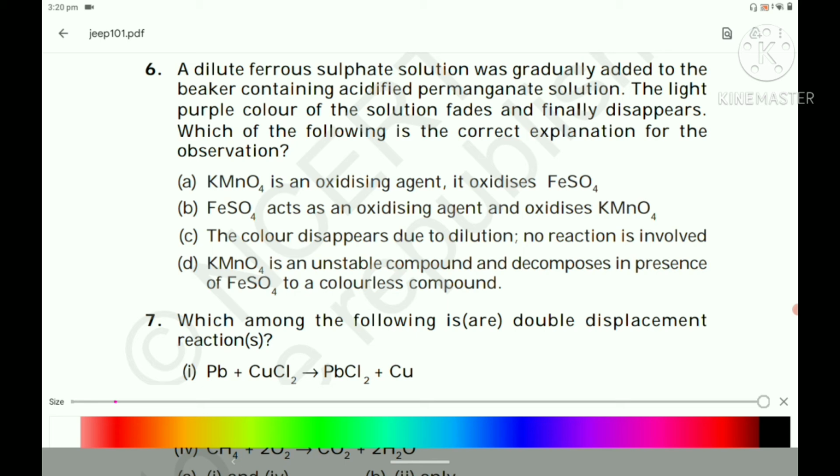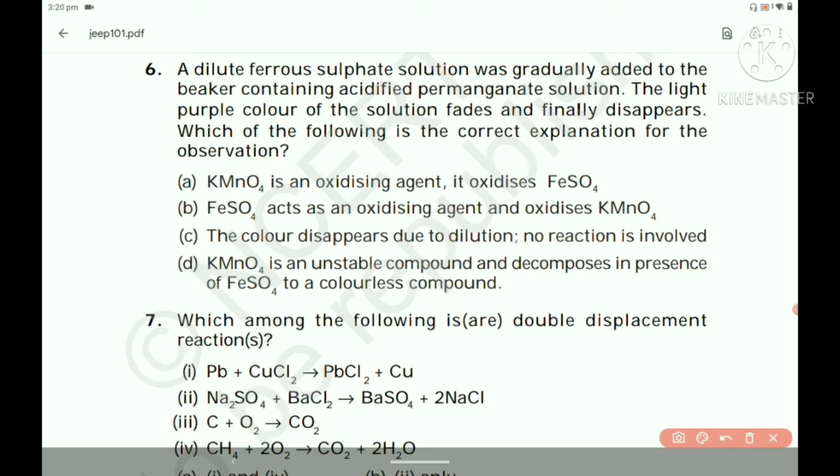For this question: a dilute ferrous sulfate solution was gradually added to the beaker containing acidified permanganate solution. The light purple color of the solution fades and finally disappears. Which of the following is the correct explanation for the observation? Remember that KMnO4 is an oxidizing agent.